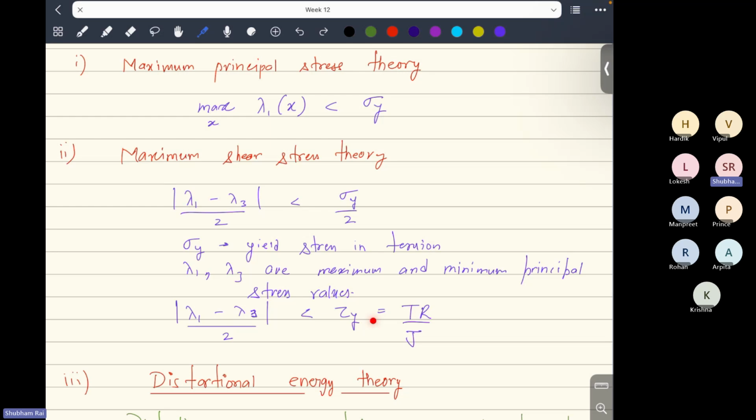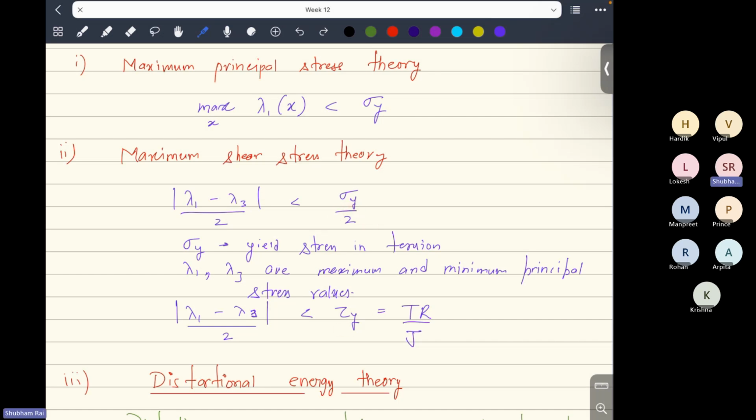Okay, so these two values may be different. The tau y need not be exactly sigma y by 2 always. So suppose you have not done this torsion experiment, you can use this formula.